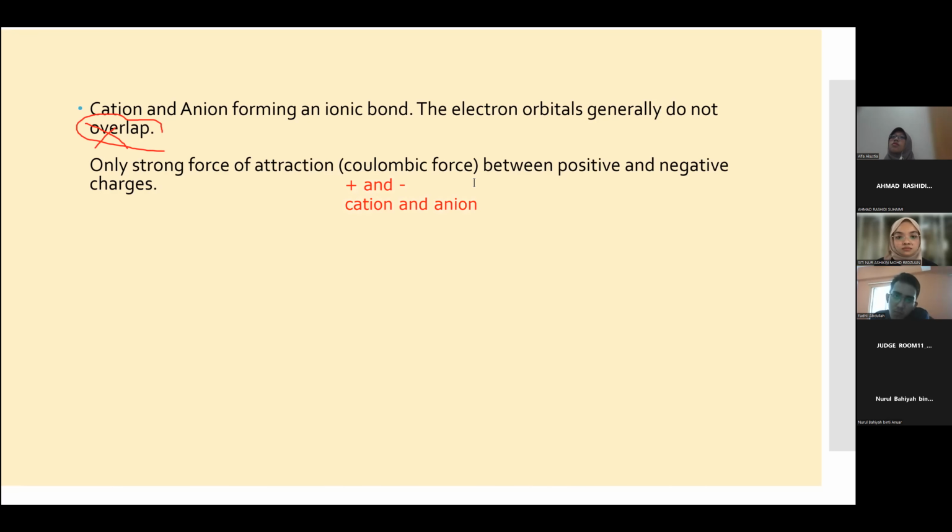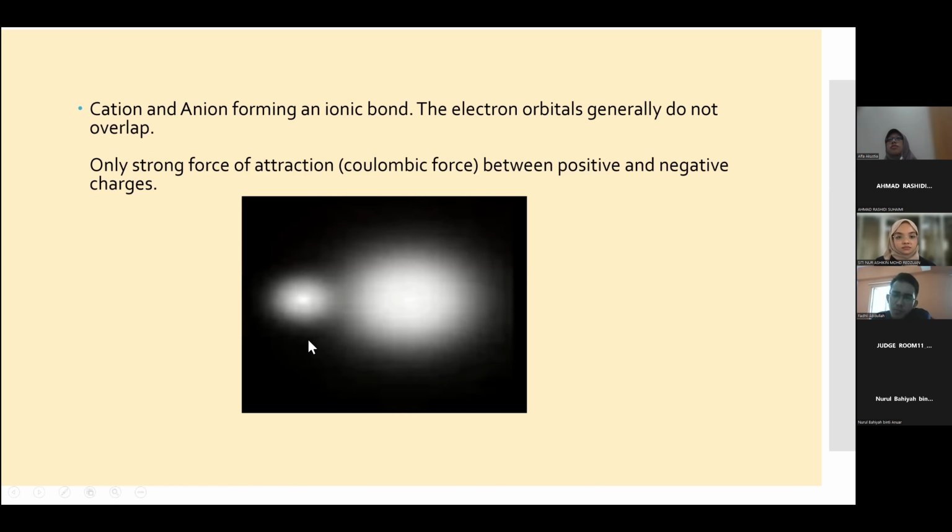The attraction is not from orbital overlap, but because of the Coulombic force. Coulombic force happens between positive and negative charge. Okay, this is the image. There is no overlap because one is giving the electron and one is accepting the electron.